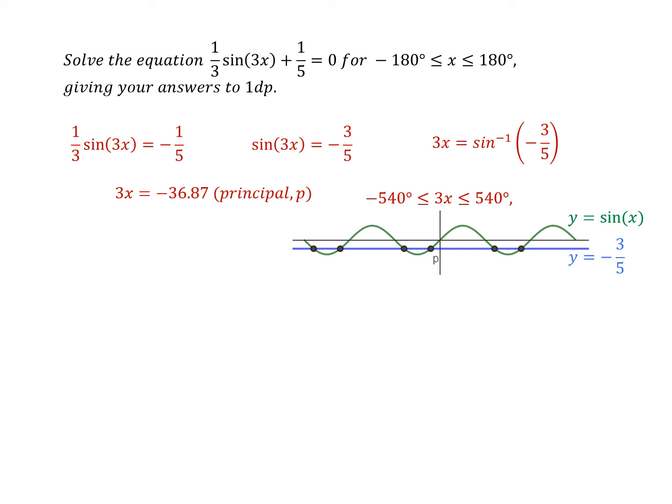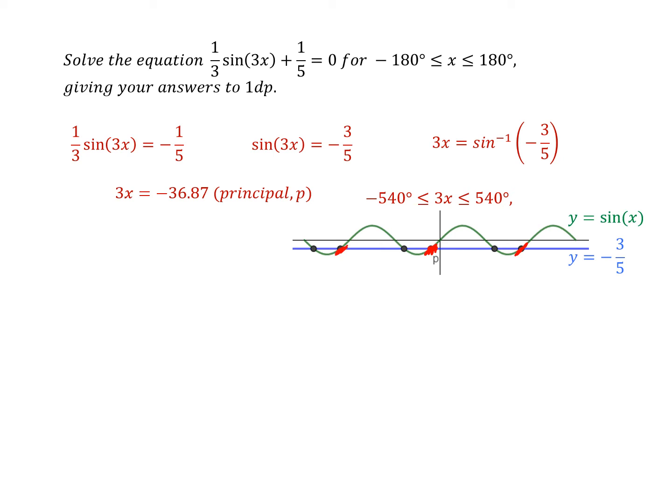So with this principal value of -36.87 here, this value is on the upward slope here. So we can find two other solutions that we're looking for for 3x. This one here on the upward slope and this one here on the upward slope.